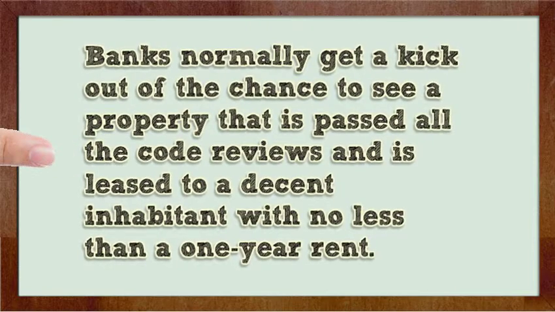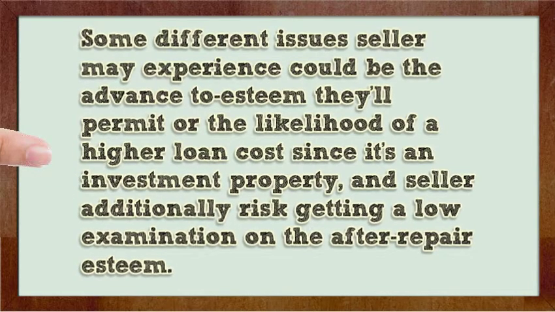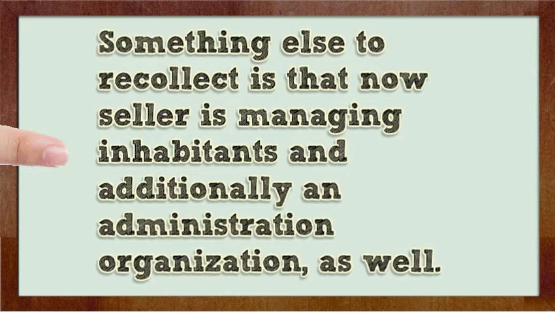Banks usually like to see a property that has passed all the code inspections and is leased to a good tenant with at least a 1-year lease. Some other issues the seller may experience could be the loan to value they'll allow or the possibility of a higher interest rate since it's an investment property, and the seller also risks getting a low appraisal on the after-repair value. Something else to remember is that now the seller is dealing with tenants and possibly a management company as well.